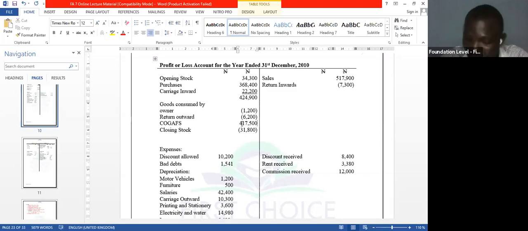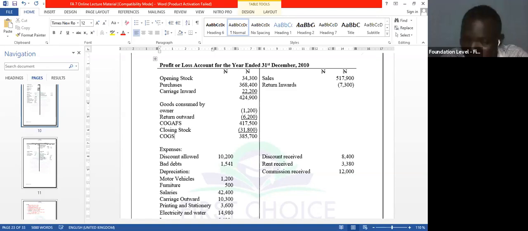This figure is what we know as the cost of goods available for sale. Now if we deduct the closing stock from it, it will give us a total sum of 385,700. This is what we call the cost of goods sold.